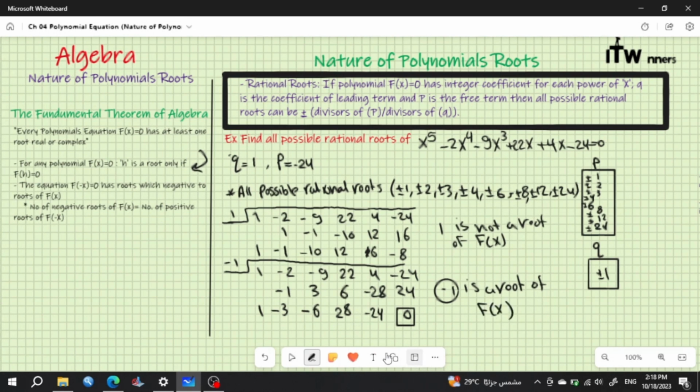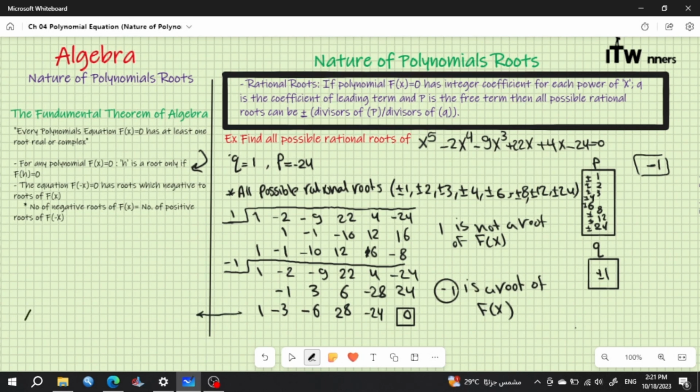Okay, we obtain the first root, negative 1, and this quotient into the factor x plus 1. So just write this equation here.